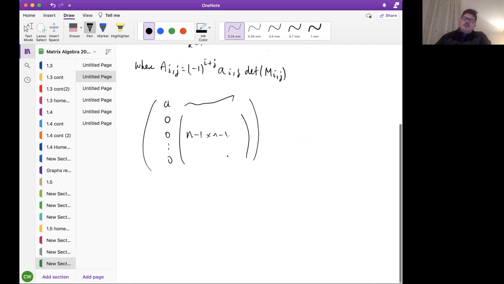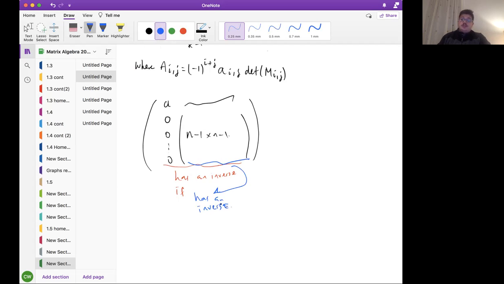But remember that we wanted to say that the whole matrix has an inverse if this little mini matrix has an inverse. Right, that's how we constructed the 3x3 argument.